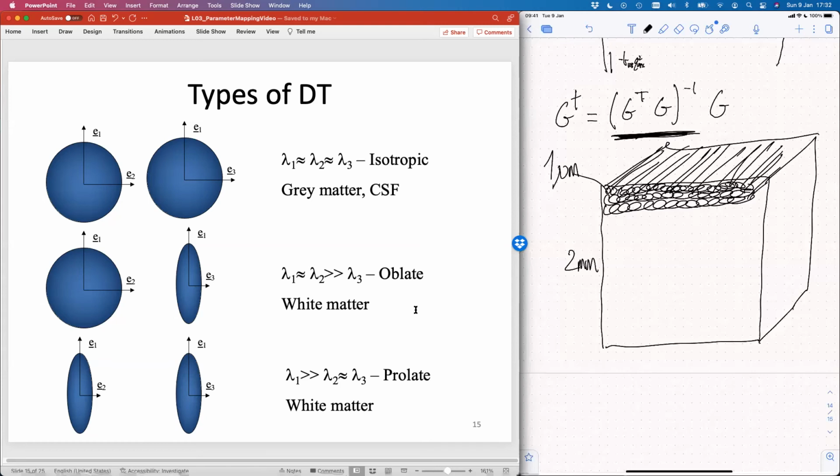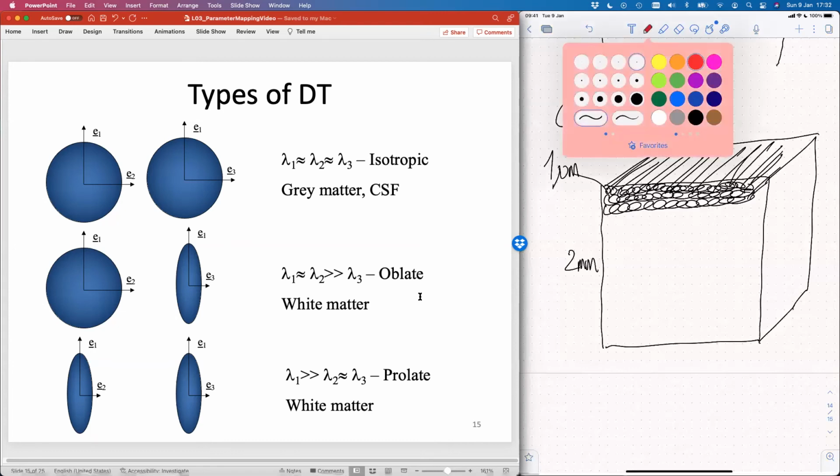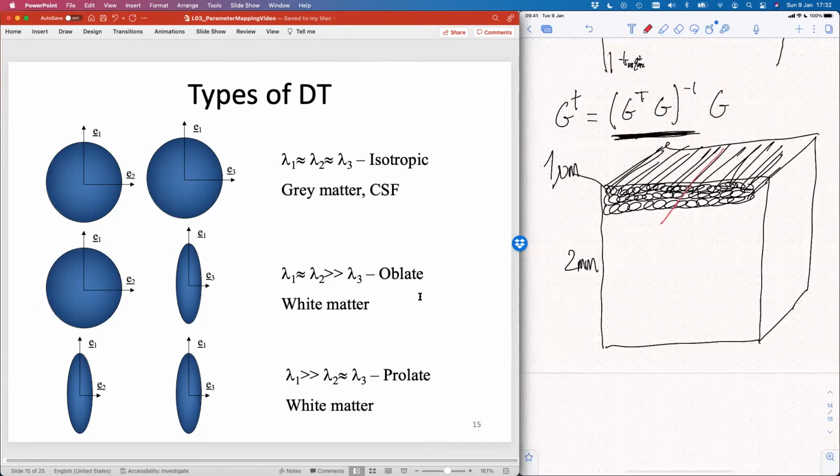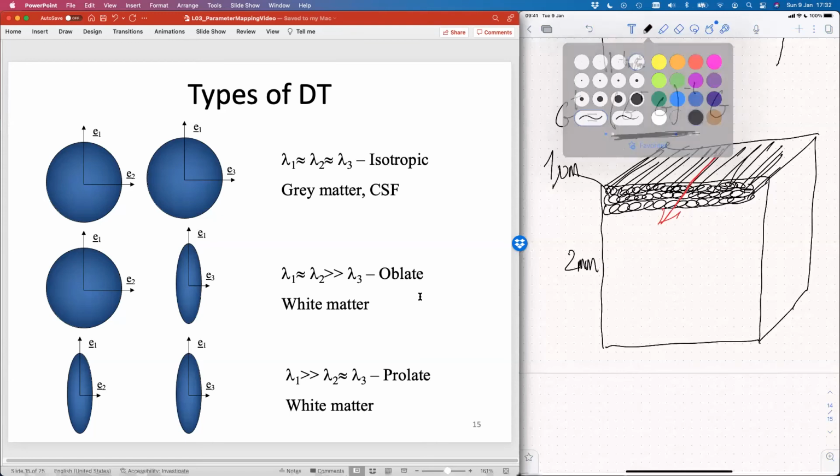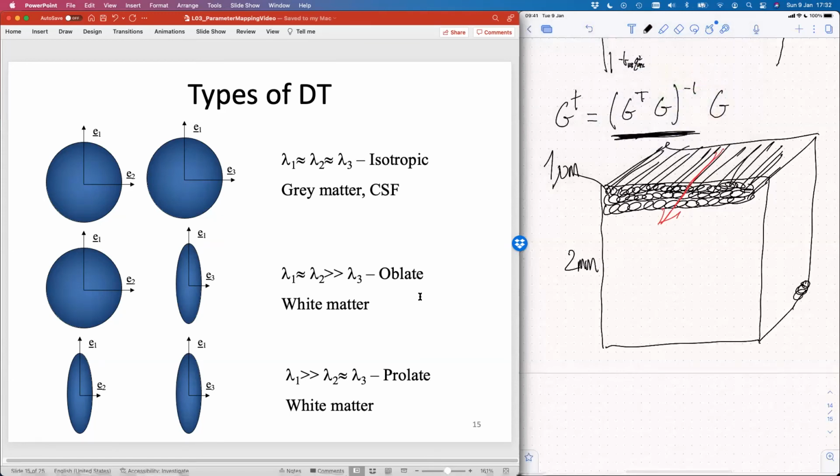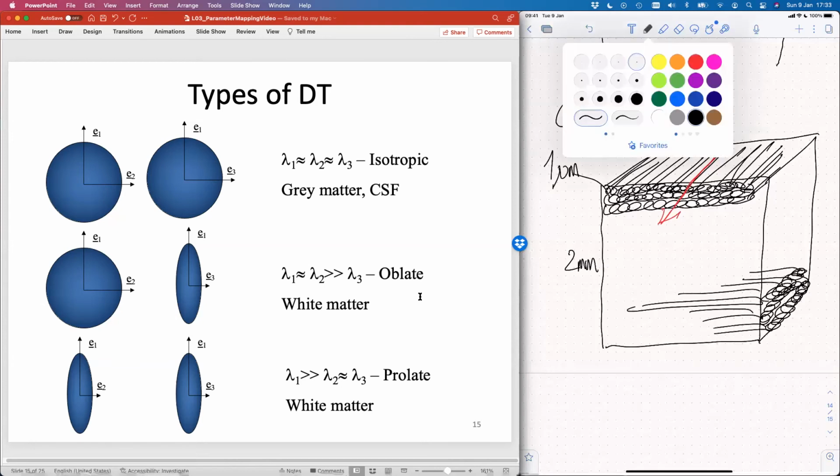An example that can lead to an oblate diffusion tensor might be when we've got some fibers that are pointing in this red direction here, but then elsewhere in the voxel, we've got a bunch of fibers pointing in a completely perpendicular direction. Down the bottom here, they're all pointing in this green direction.